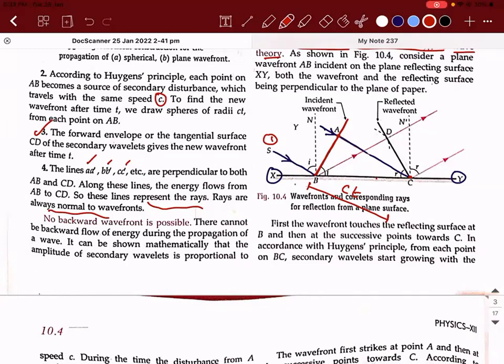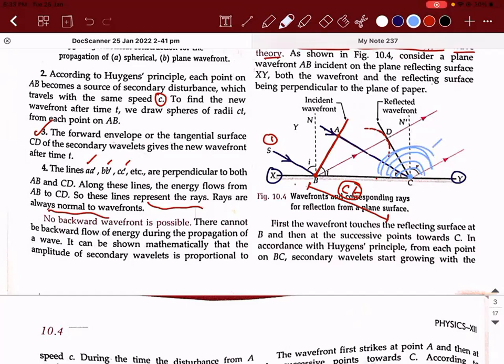Due to this ct, from this point take ct as the radius and cut an arc. That is going to be the radius of the spherical wavefront that it has generated in time t. From the second point of incidence, this would have started generating rays like this.